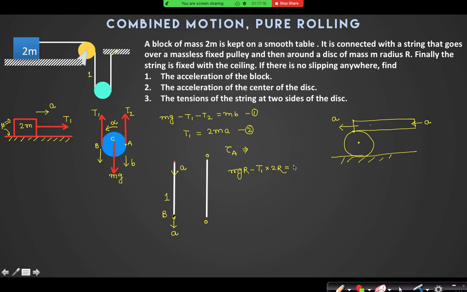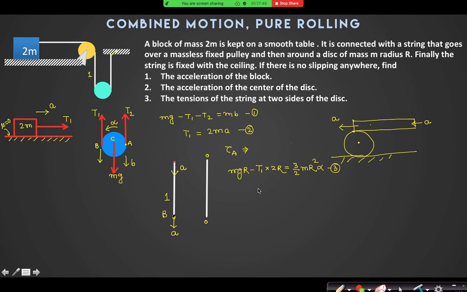Sir, that will be mR squared by 2. Is it mR squared by 2? Everyone agrees? Sir, 3 by 2 mR squared, because I am taking about point A, into alpha. Look, this torque equation is important to understand. Is it okay?